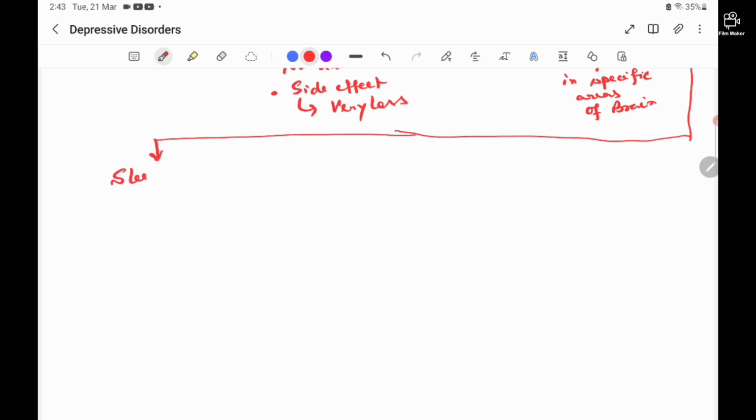Sleep deprivation. Lots of studies in psychiatry have shown that depriving a patient with chronic depression of sleep has in many cases improved the symptoms.